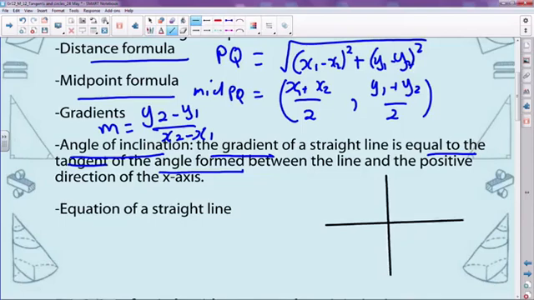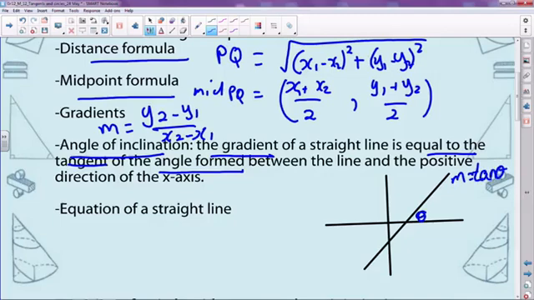If I draw a straight line cutting through the x and y axes as shown, then to find the angle of inclination, we know that the gradient of this line is equal to the tangent of the angle formed between the line and the positive x-axis. All right, so the gradient is equal to the tangent of that angle.